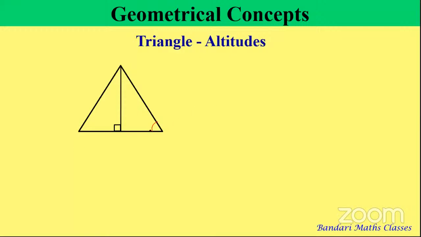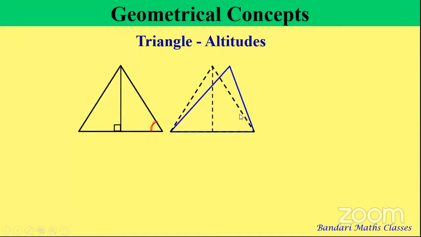See, this is the original picture with dotted lines. Now the increased angle picture is in thick lines. The blue color is the increased angle. The altitude moves from the dotted line to this line. Whichever side the angle increases, the altitude moves to that side.